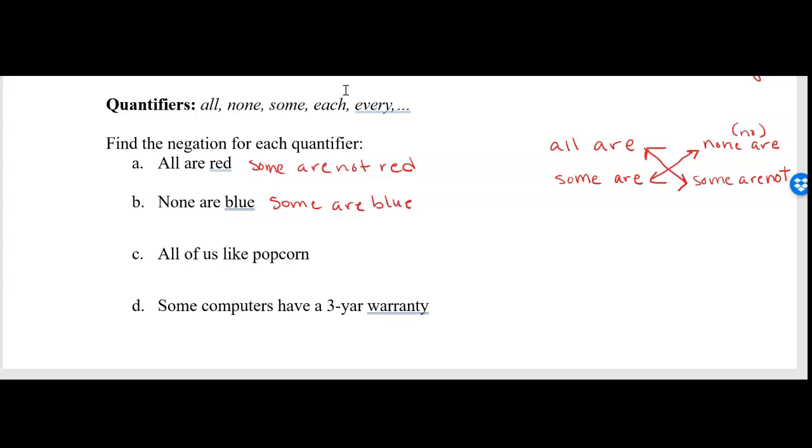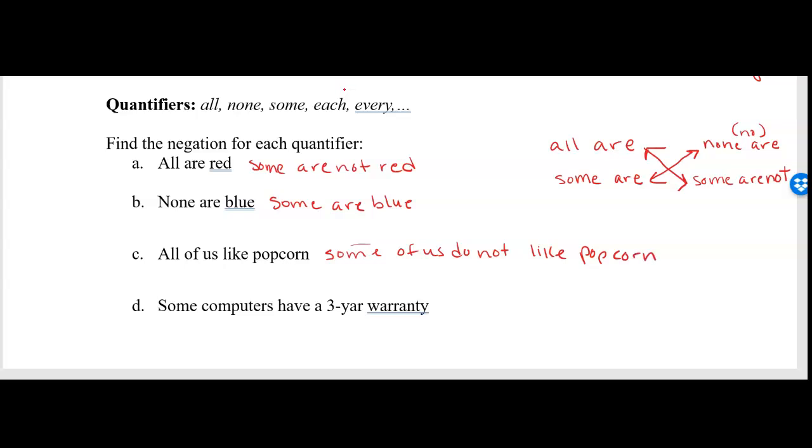What I usually joke about is that sometimes you don't want to use your own logic because it might not work. All of us like popcorn. That means some are not. How would I word that here? I might say, some of us do not like popcorn.